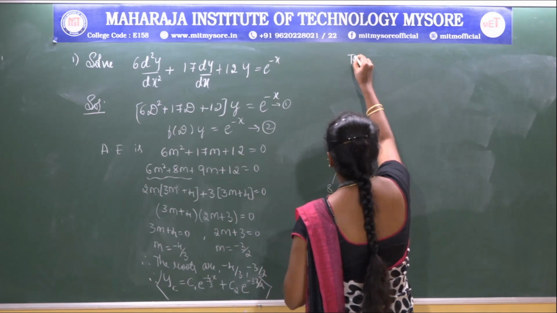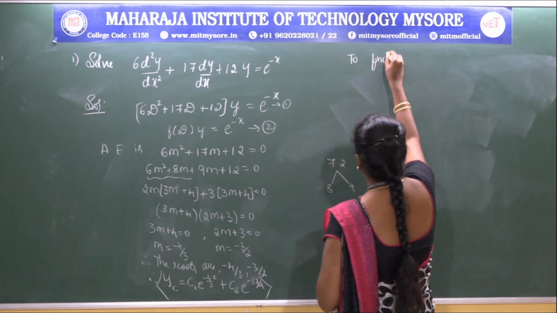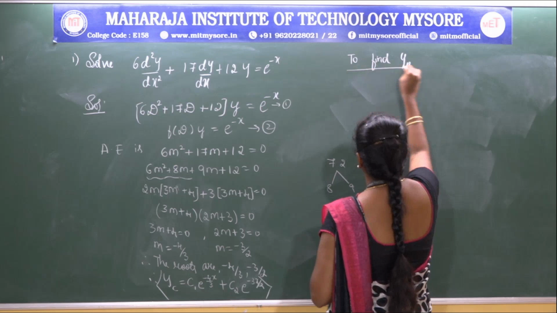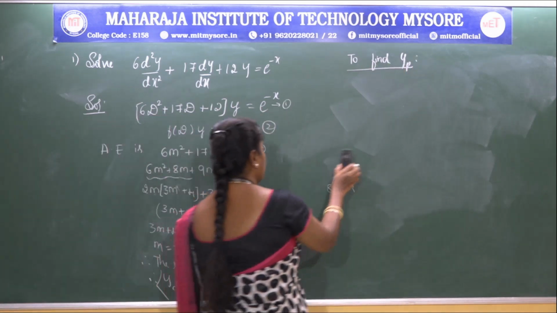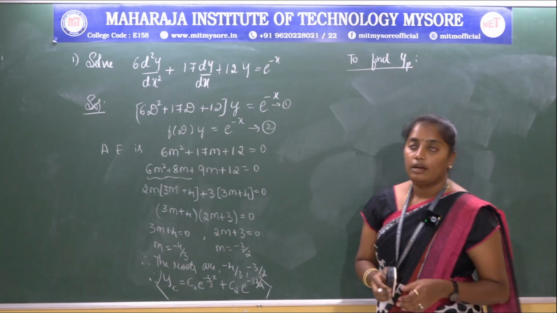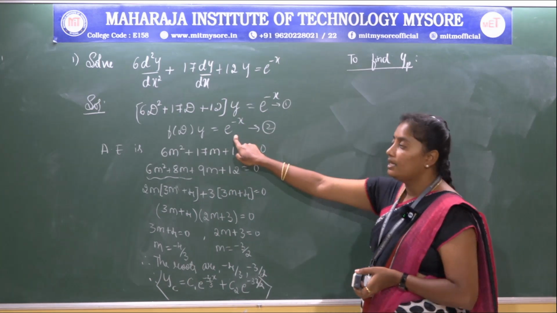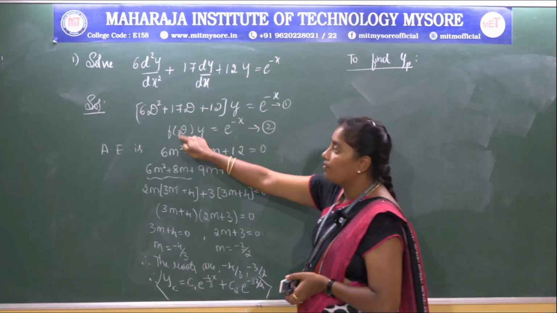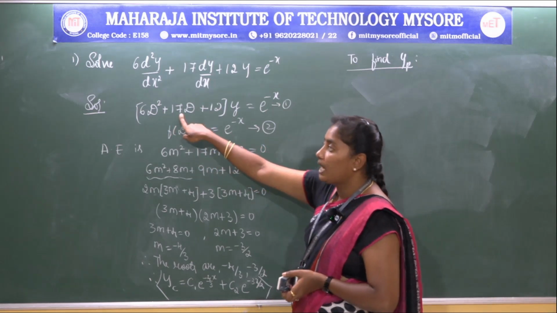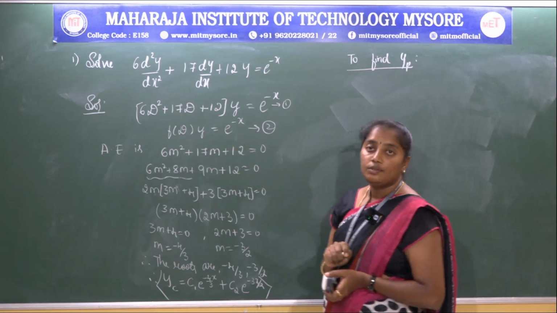Next, to find yp, the particular integral, we have to use the procedure. Here e power of minus x is the phi of x function and f of D is equal to 6D square plus 17D plus 12.